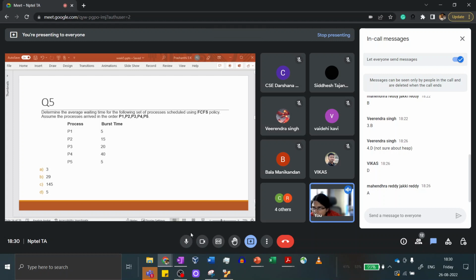Does anyone have an answer, or is anyone still solving it, or are you stuck in understanding the question? Okay, I have one answer saying B 29. Great. Anyone else? If you need more time, I can wait for 30 more seconds.